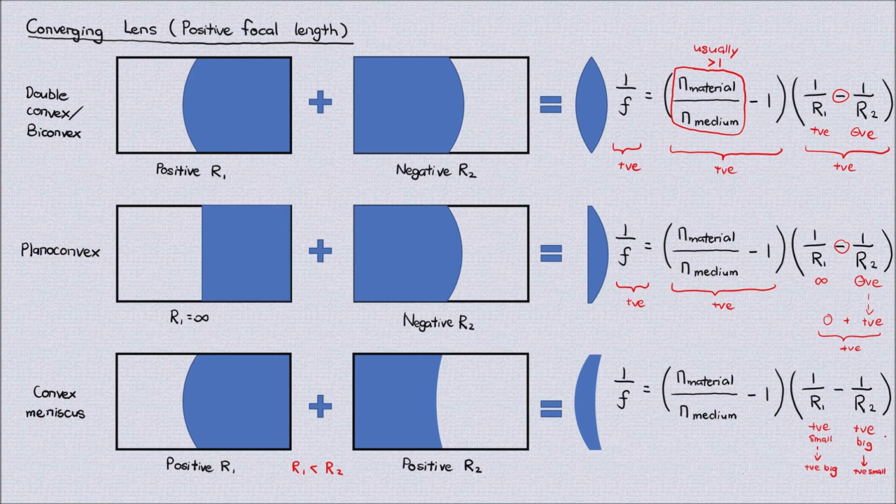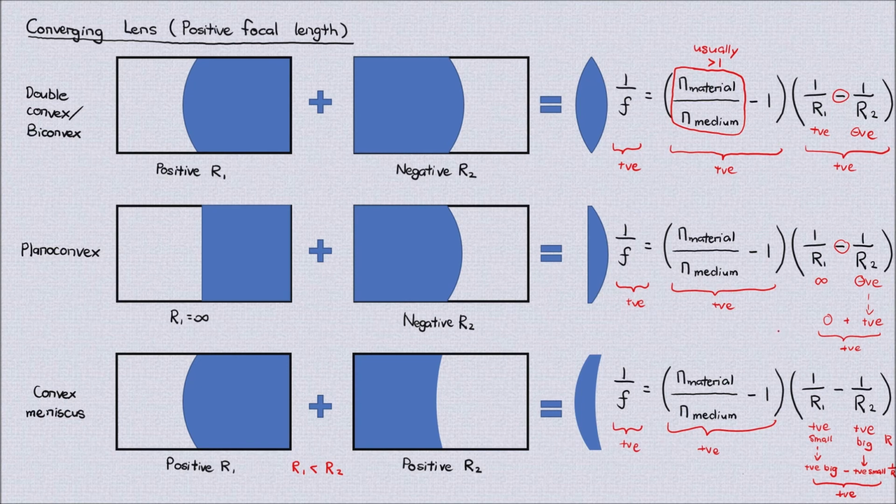I'm just writing this is for R, this is for 1 over R. So in that case, positive big minus positive small, big minus small, is just a positive value. Then we also know that this part is also positive, and 1 over f here should also be positive. So we know that the focal length will be positive as well, just as what we predicted. Okay, so everything seems fine here.